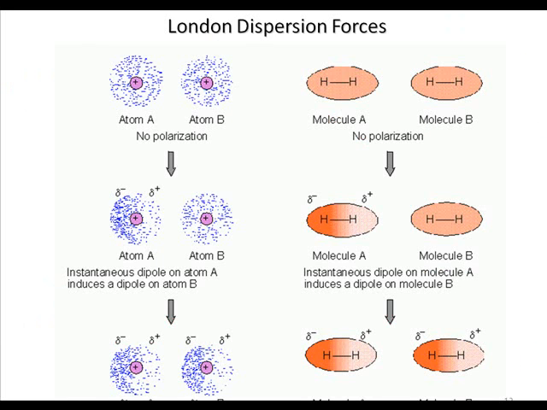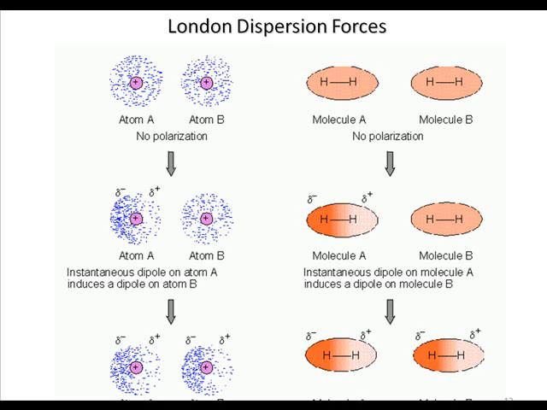Here's another example. You have on the right molecule A and B, it's non-polarized. Then you have an instantaneous dipole. Remember, the dipole means it's a polarity, negative, positive on the left and the right. And that's going to induce another one on the right side.